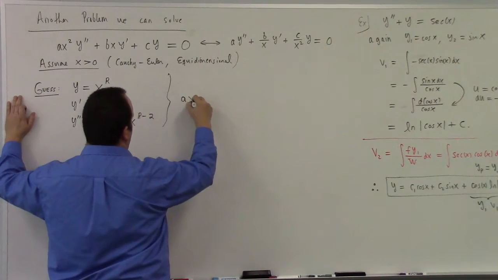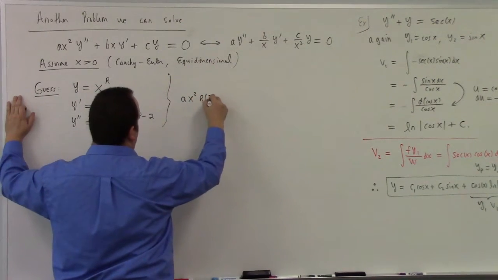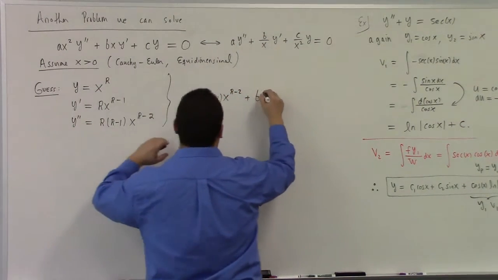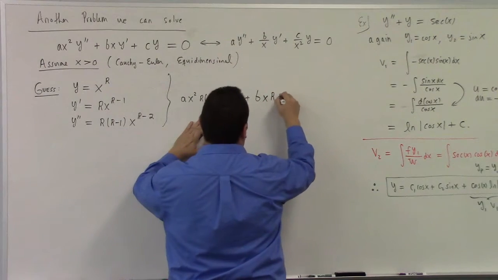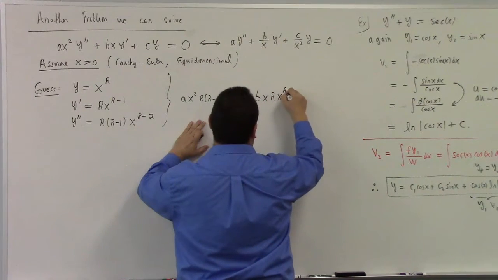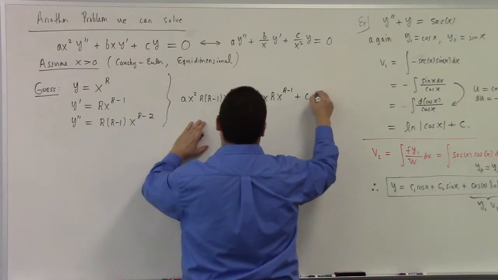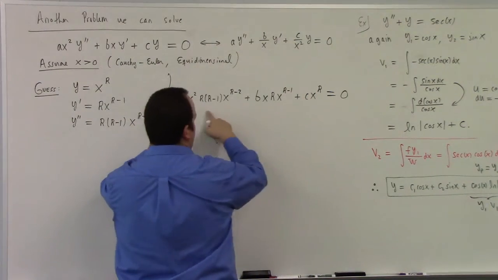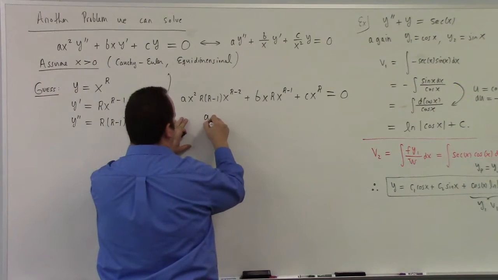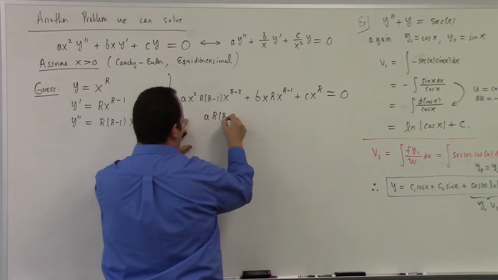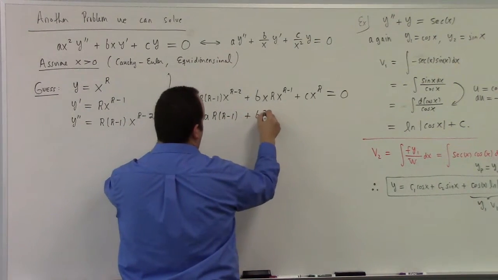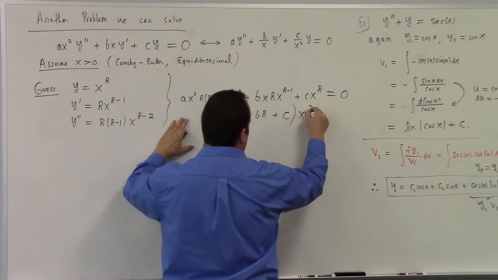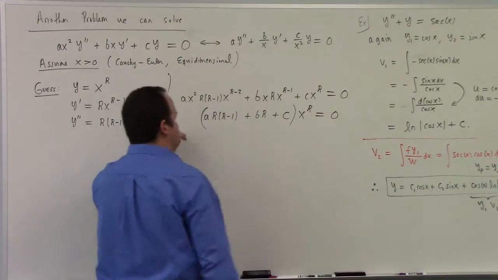A x squared r times r minus 1 x to the r minus 2, plus b x r x to the r minus 1, plus c x to the r equal to 0. So of course we can rewrite this as a r times r minus 1 plus br plus c, in parentheses, times x to the r equals 0.